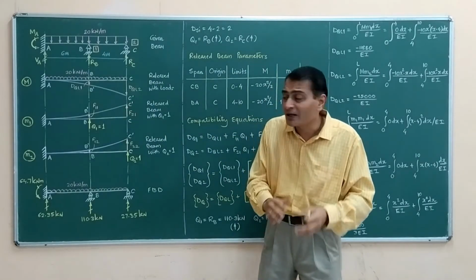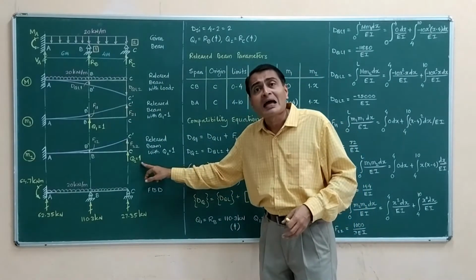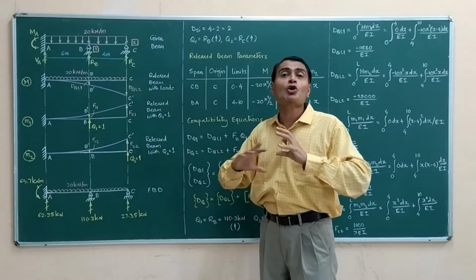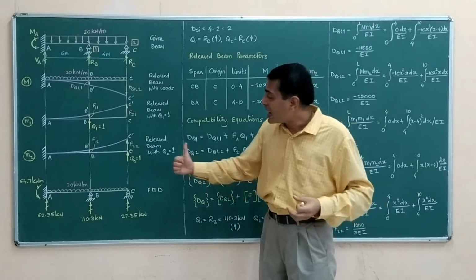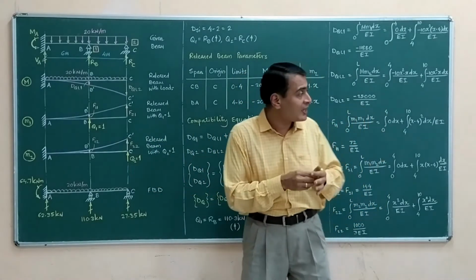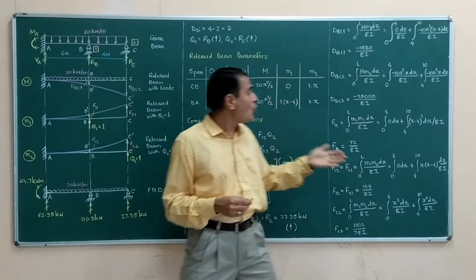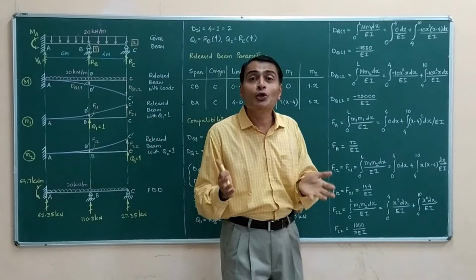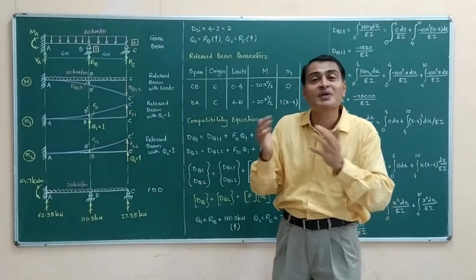And now I go ahead with applying unit value of Q2. Again, I am not directly applying RC, I am applying unit value of Q2 so that, as you can clearly see here or in the table also, I am able to apply the unit load method to get all my displacements.